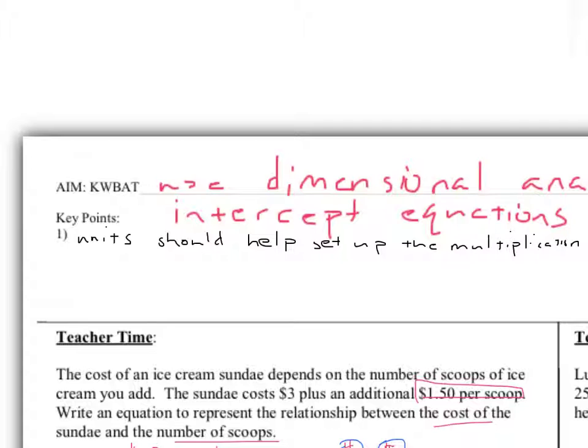Number 2, units of the answer should match the starting point.